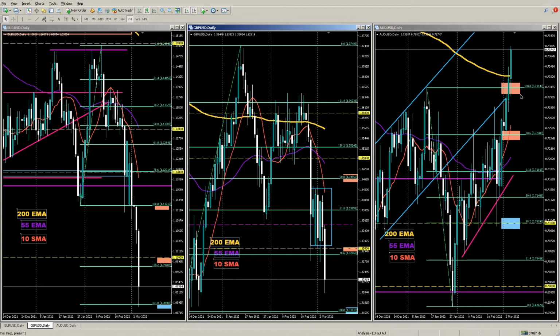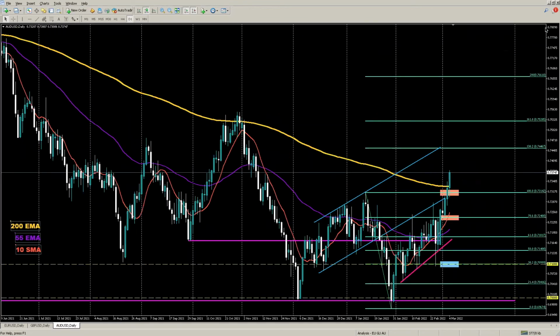And likewise with the Aussie dollar pushing up higher, you will see the euro against the Aussie as well as the pound against the Aussie falling drastically lower because of this difference in the pairs' direction.